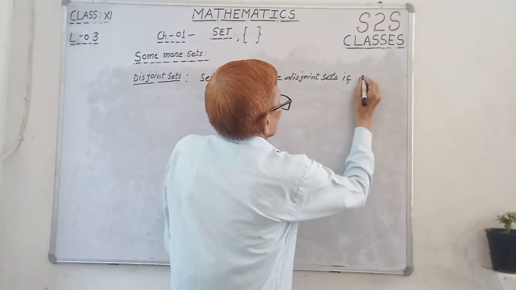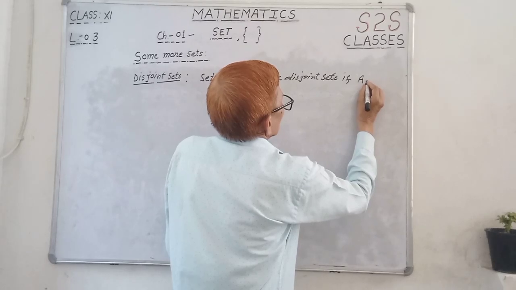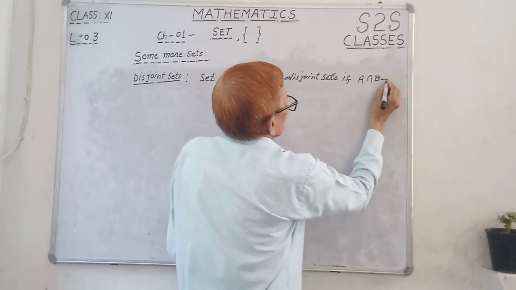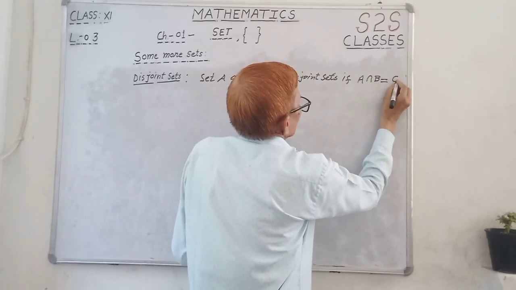If A intersection B, the common element, is equal to the empty set.